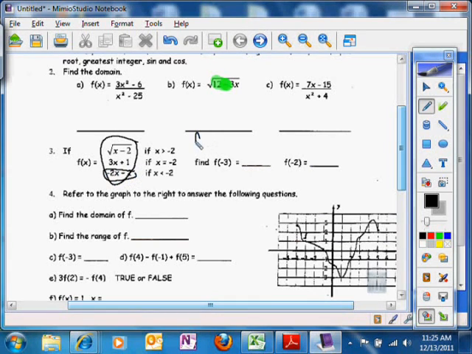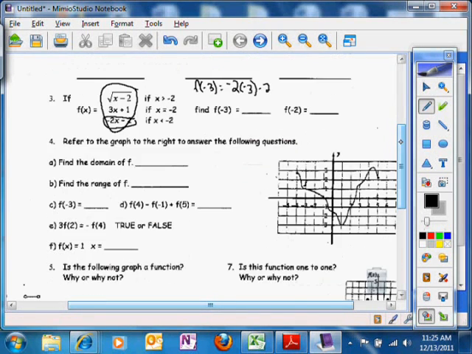So when you find f of negative 3, you would use this piece, and it would be negative 2 times negative 3 minus 2. Then simplify, and you have f of negative 3. So again, you have to determine which one of those is appropriate to use.